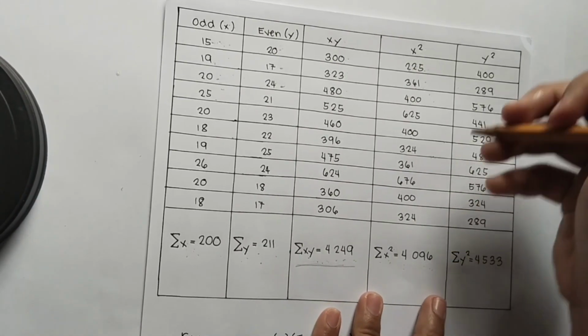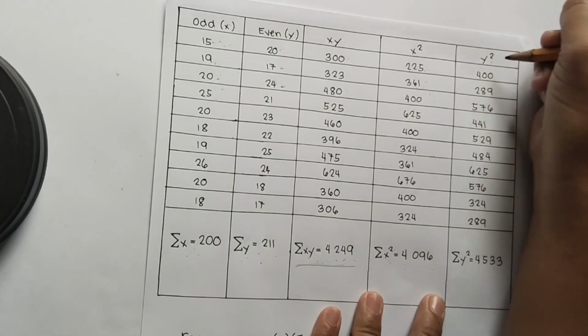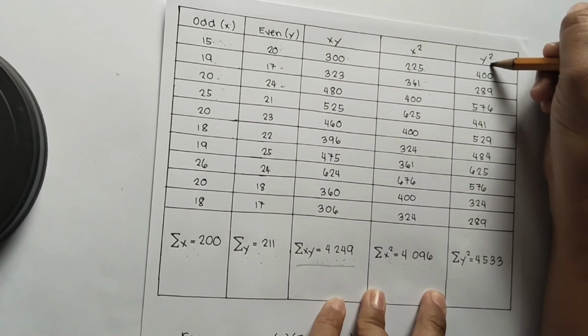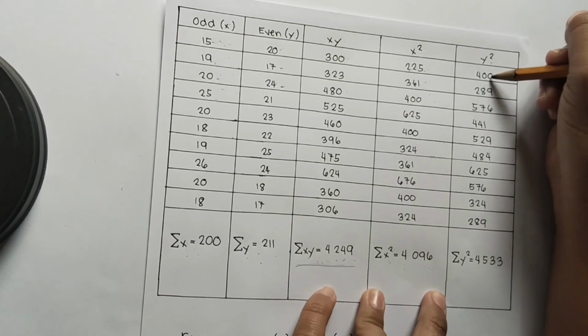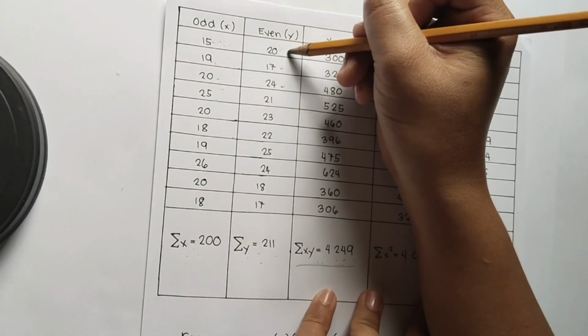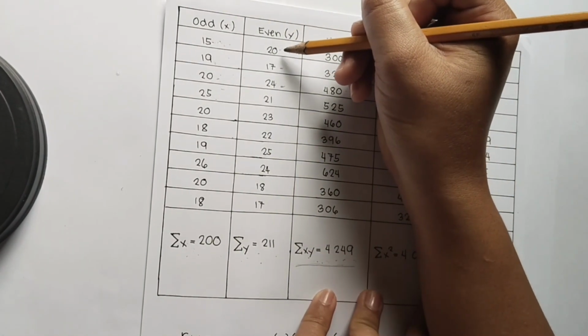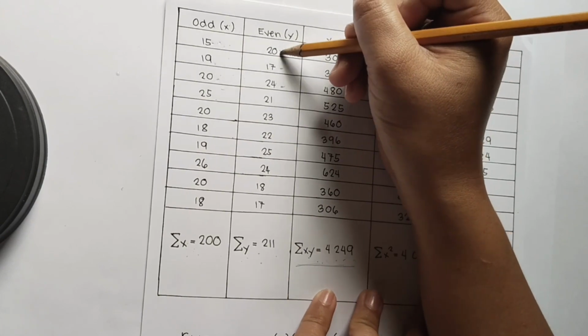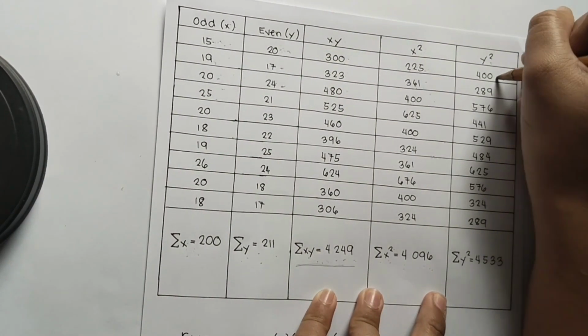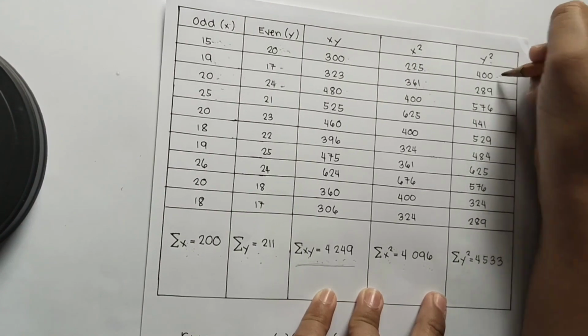And same process pa rin dito sa y squared. So, para makuha natin yung value ni y squared, i-multiply lang natin itong nandito sa y. I-multiply natin siya itself. So, 20 times 20 is equals to 400 rather.